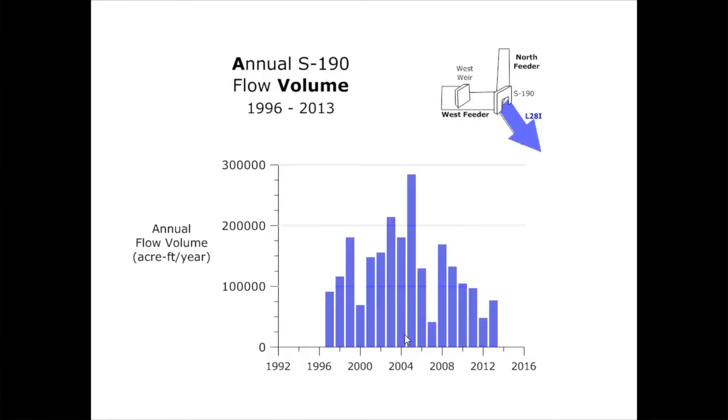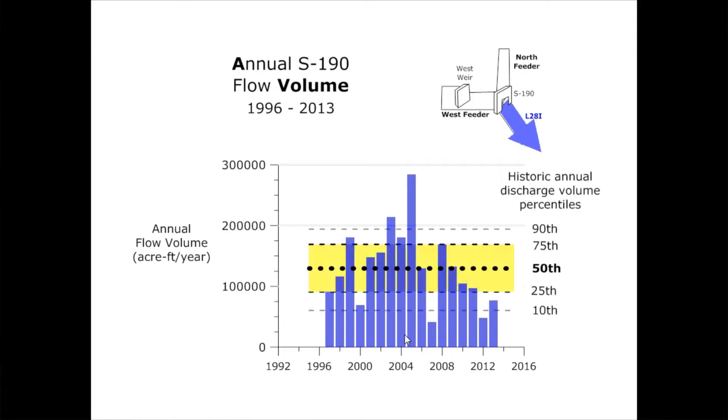Well, what is the annual volume going down the S190? I did that annual flow volume calculation in acre feet per year, and the 50th percentile over that 20-year period of record was around 125,000 acre feet, and here's where the other percentiles come up.